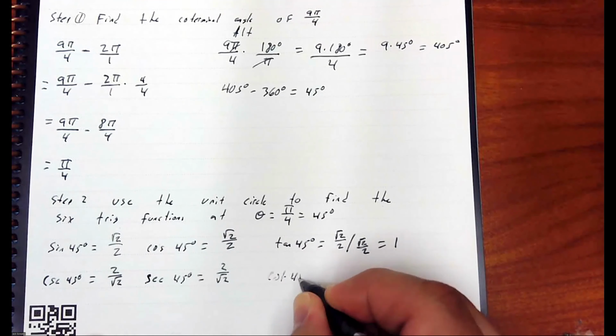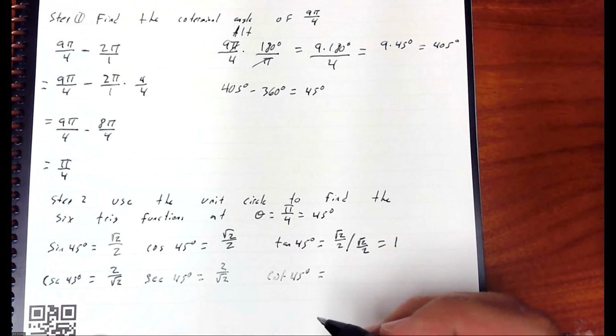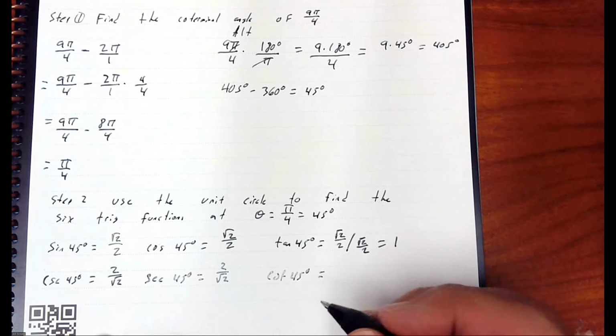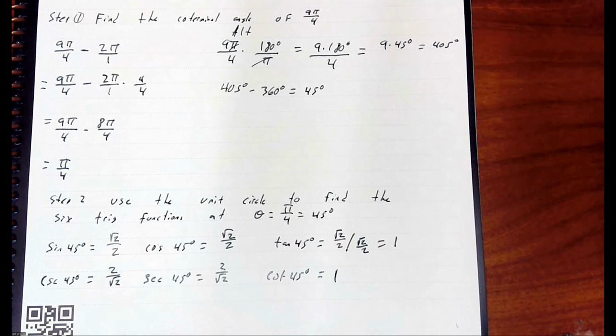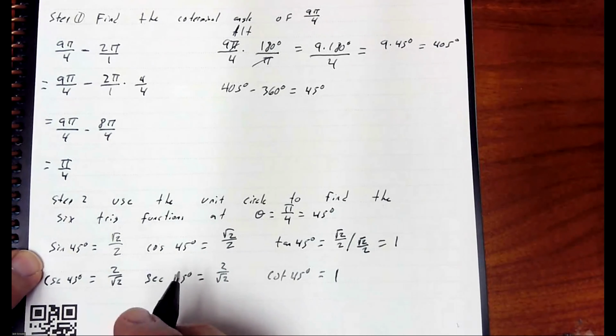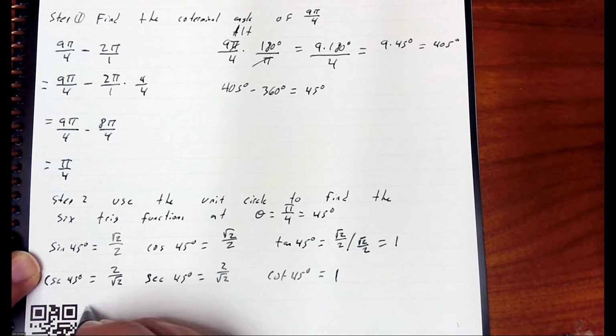Cotangent of 45, well, the reciprocal of 1 is still 1, right? So just put the 1. But notice how we have the square root at the bottom. You may have to rationalize in the homework. I'm not sure if I'll take this. It might. I don't remember. But rationalizing is something you've done before.